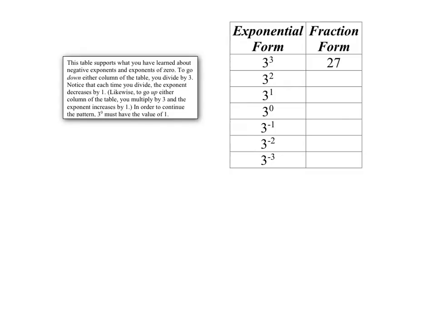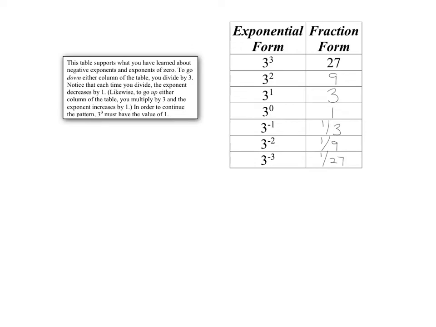All right, so now if you take a look, this table here kind of supports what we just learned about negative exponents. Stop the video, read what it says over here to the left, and then fill in what you think the answers are to each of these questions. So if you see here, 3 to the third is 27, and 3 squared is 9, and then 3, and then 1.